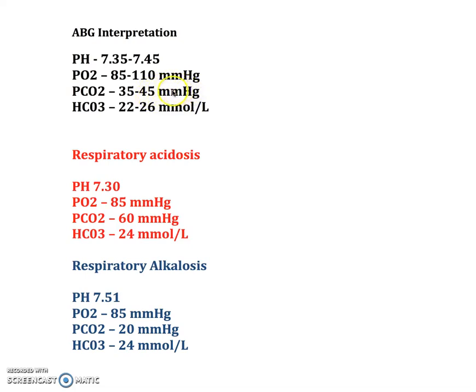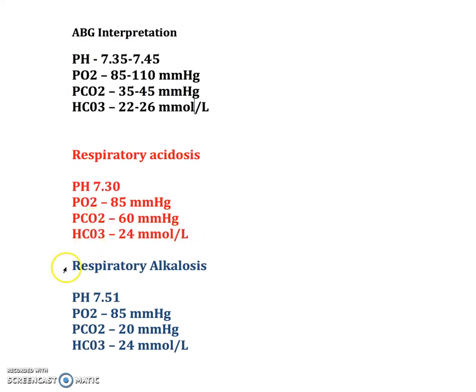Now we know that carbon dioxide is an acid, so the more of that in our body, the higher this number, that's going to give us an acidosis. So I can tell already that we've got a respiratory acidosis. Now we'll have a look at the bicarb. That's within normal limits. We've got our diagnosis right there.